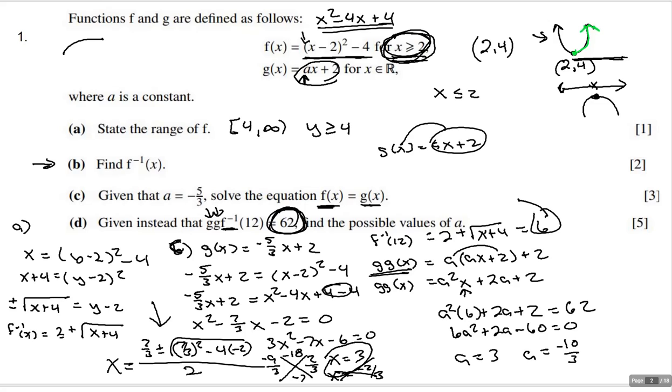Instead of taking this inverse and putting it into g, and then taking that answer and putting it back into there, what we did is we put the 12 in and we got this output. And then we only had to do this part. And we still have to take the output and put it into this. Anyway, that's a little confusing.